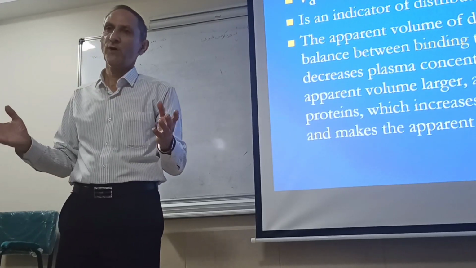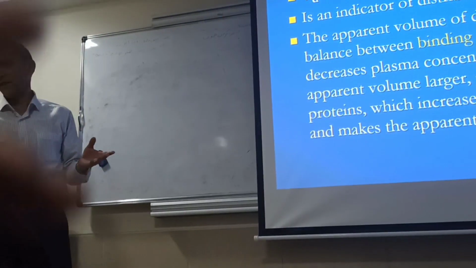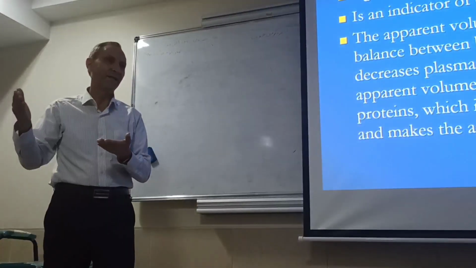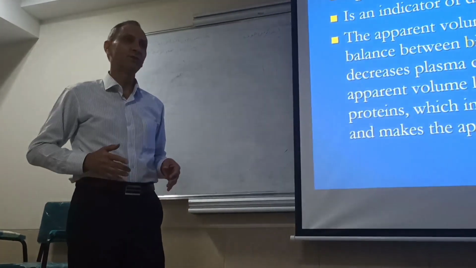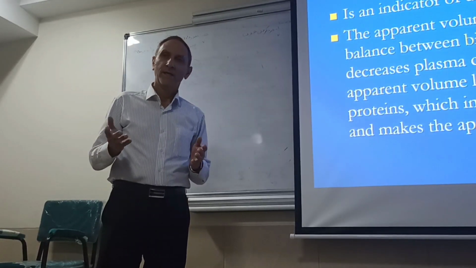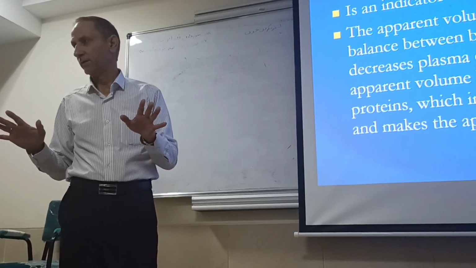In some parts of the body, we have barriers, for example the blood-brain barrier, BBB, so drugs don't reach the CNS. In the body, we do not have equal distribution.